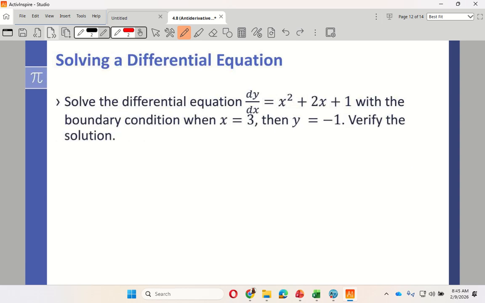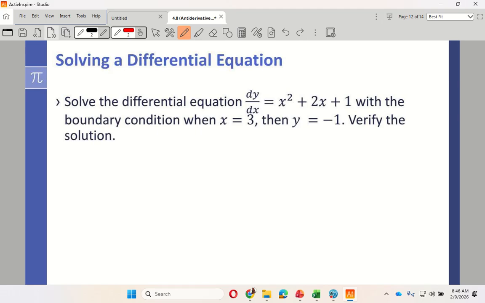Solve the differential equation with the boundary condition of x equals 3, y equals -1, and verify the solution. So, when I take the dy/dx and I undo that, remember, y would be the antiderivative of dy/dx, right?